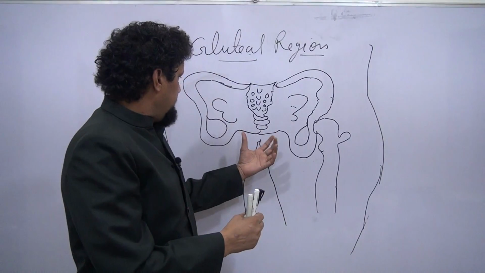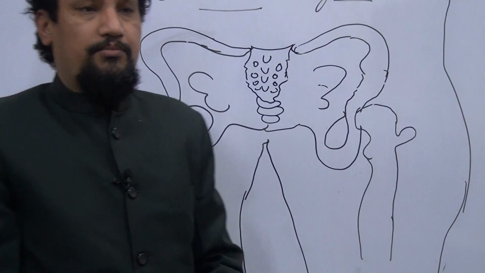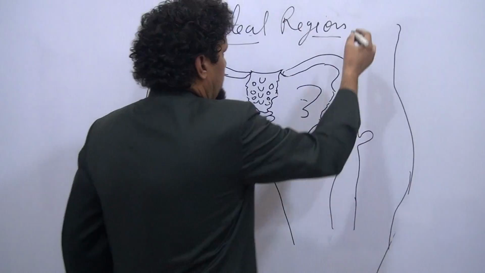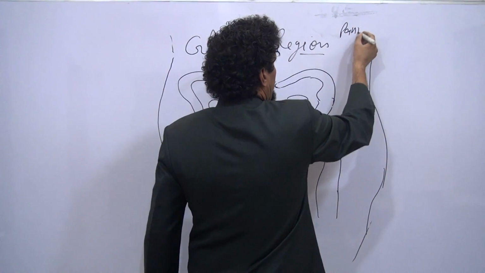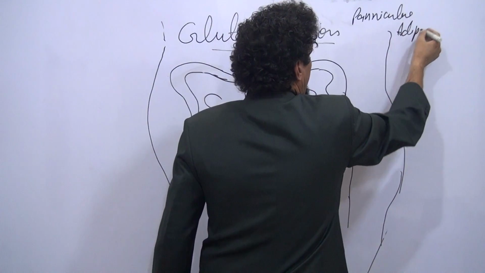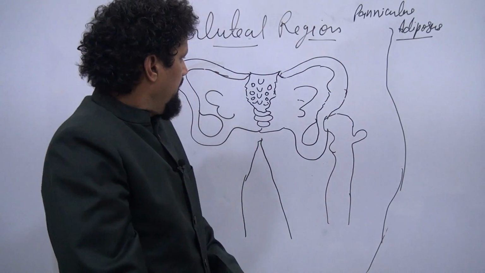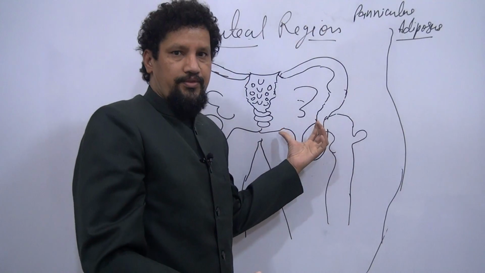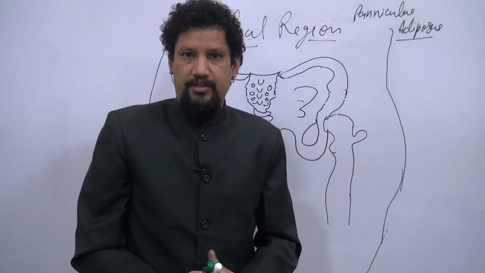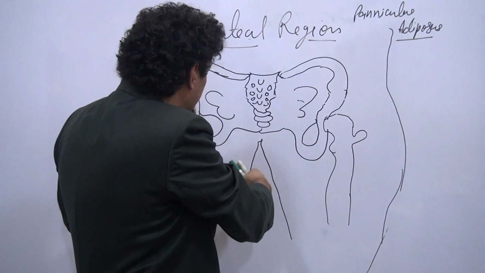So there is a lot of superficial fascia or panniculus adiposus. The fascia is known as panniculus adiposus, accumulation of superficial fascia and well-developed gluteal muscles forming the prominences of buttocks.